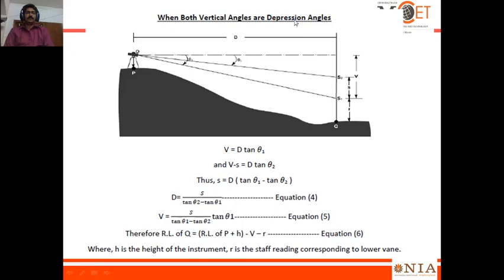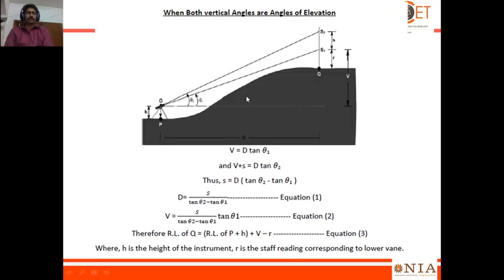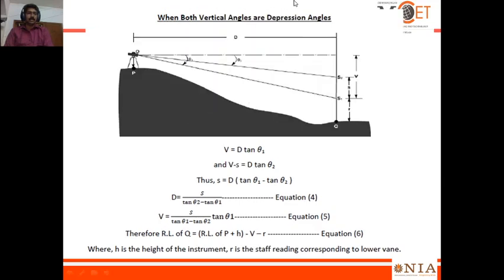Next condition, if the instrument position is such that the point required is in depression, compared to this it is in depression, the same Q, and the same distance notation D is adopted. From the horizontal line of sight to the S1 is V. Don't change the notation.